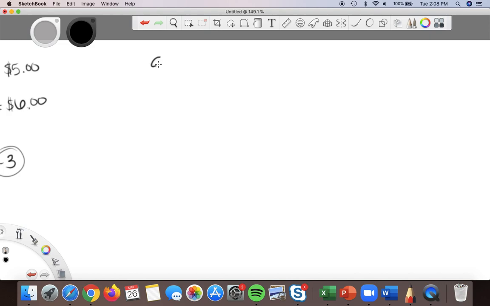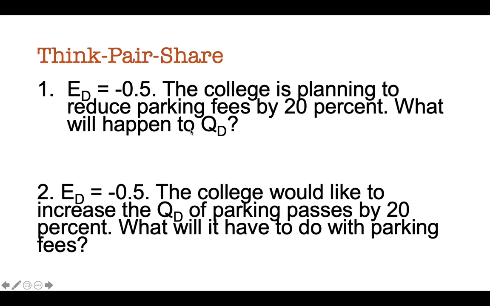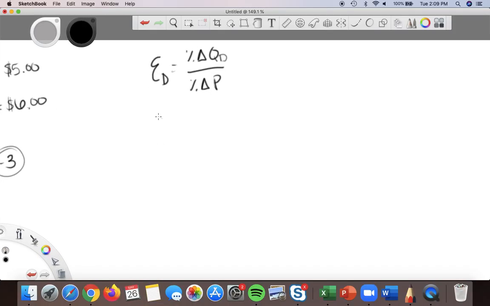So again, elasticity of demand is the percentage change in quantity demanded divided by the percentage change in price. So for this first question, we're just going to plug in what we know. Elasticity of demand, negative 0.5 equals.